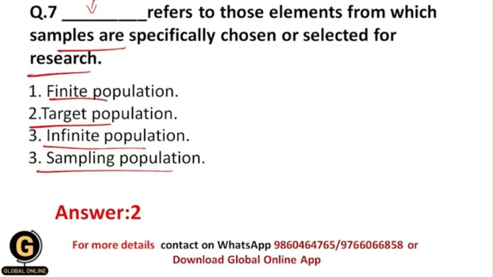Sampling population is again a population which includes the samples for the study, but the concept is that target population refers to those elements from which samples are specifically chosen or selected for research, not the sampling population. So try to understand, students, and that's why your correct answer should be 2, that is target population.